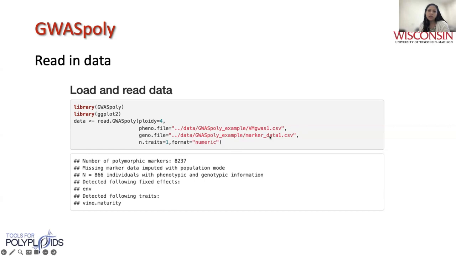And you can also use BCF files for anybody who has that type of data. If you go to the vignette on the website of GWAS Poly, you can see how to upload such type of files. So for this example, we have a total of 8,200 SNP markers, and combining both of these data sets from both of these papers, we have 866 individuals.